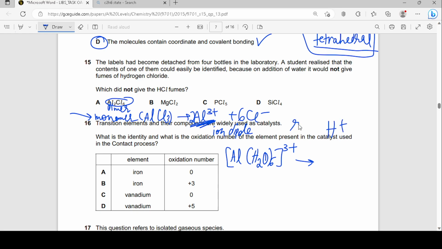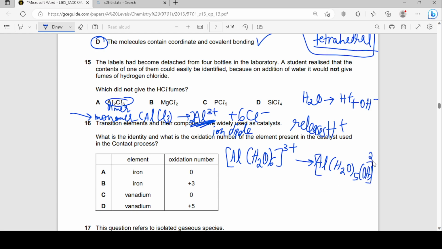It slowly releases H+ to form an acidic solution. So for example, the first one you get is [Al(H2O)5(OH)]2+. Basically H2O starts slowly dissociating into H+ and OH-. Honestly, it's a vigorous reaction, but anyways, this is the first thing you get.